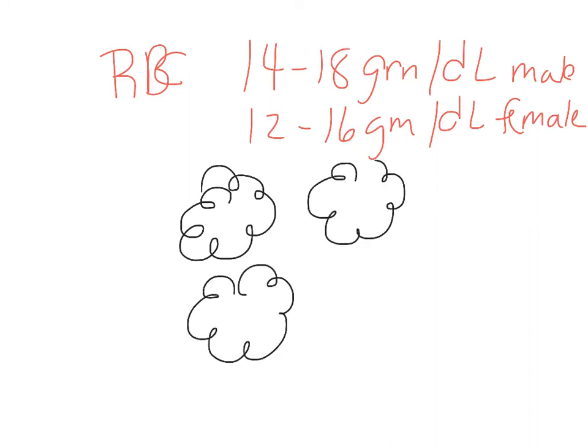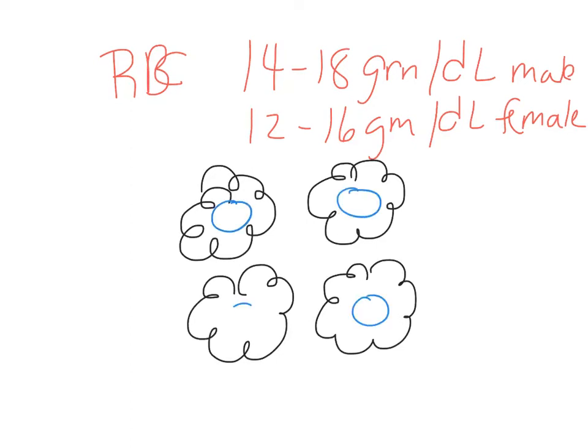So like these are 4 globular proteins. Okay, so that makes up one hemoglobin. And then at the center of the hemoglobin, we have a heme group. So this is a heme. And at the center of the heme group, we have an iron. Okay, so that's what a hemoglobin molecule looks like.